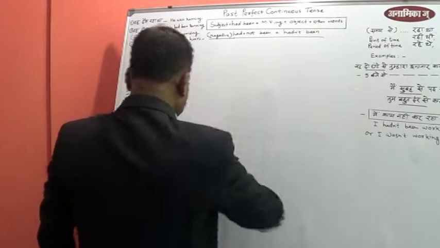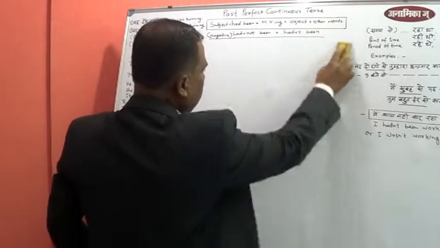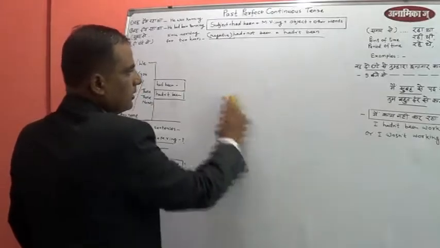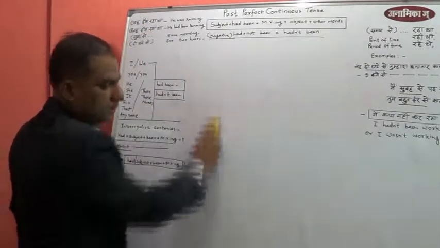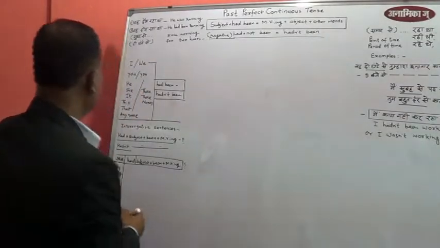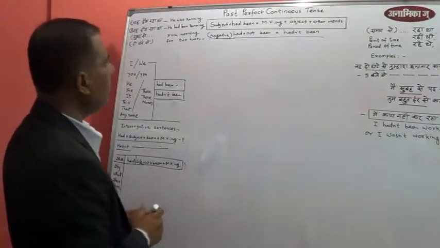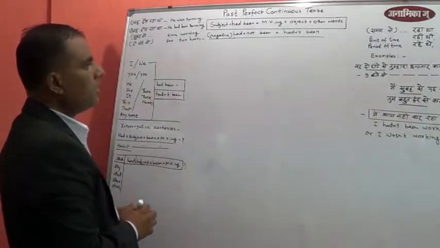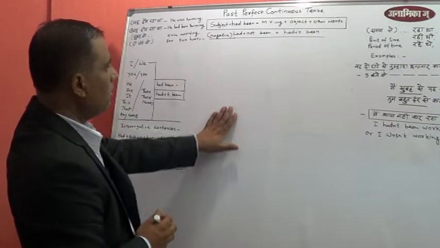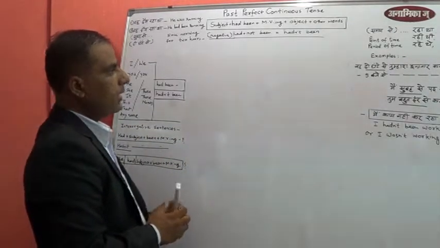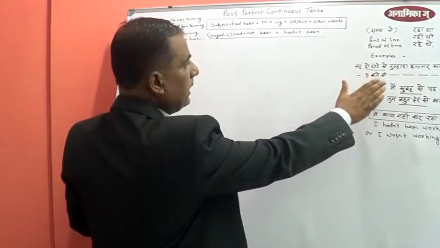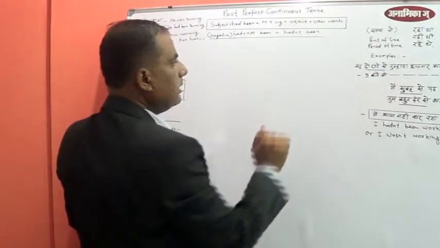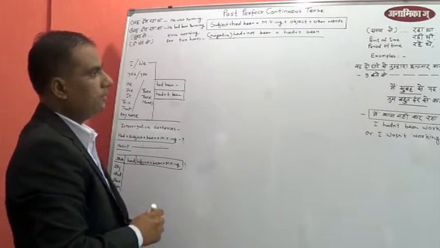It is quite simple. Only difference is that the helping verb had will come in the beginning, and then subject, and then been, and then verb with ing. So let's take an interrogative sentence of this situation. क्या वह 2 घंटे से तुम्हारा इंतजार कर रहा था?